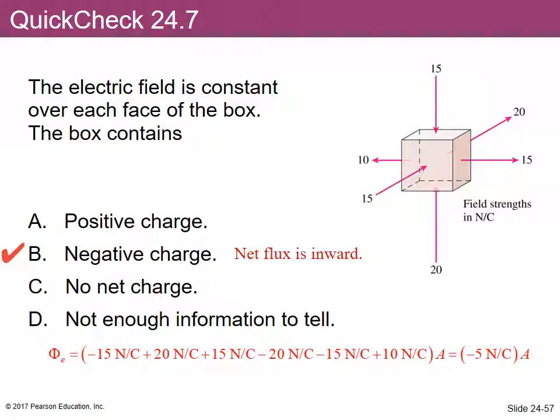The flux is the sum of the electric field times the area. The sum of the electric field yields a net negative or inward pointing electric field, which means the net charge must be negative.